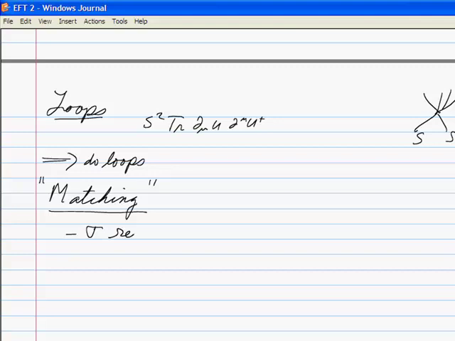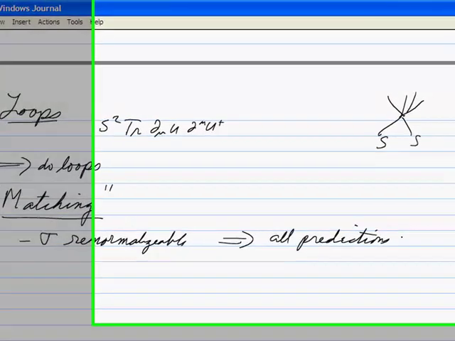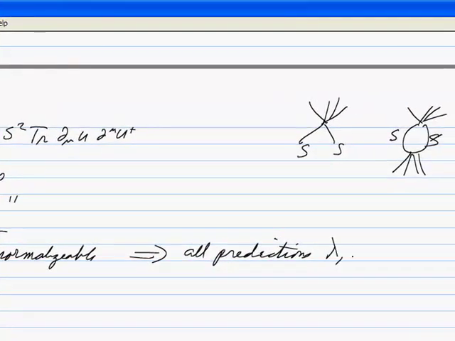The sigma model is a renormalizable theory. So if you treat it right, all predictions are in terms of two parameters, lambda and m sigma, for example. If you know those, then you know all the predictions of the theory.